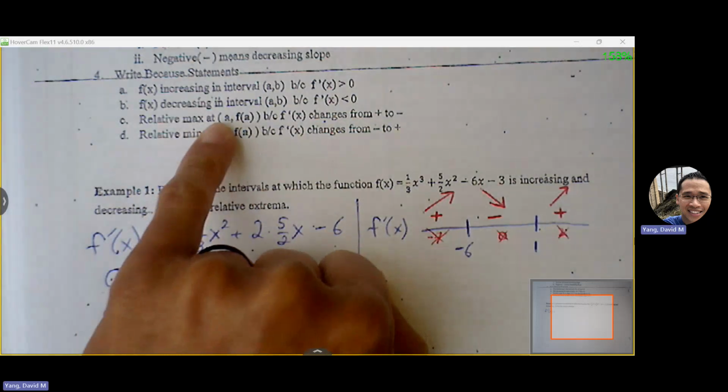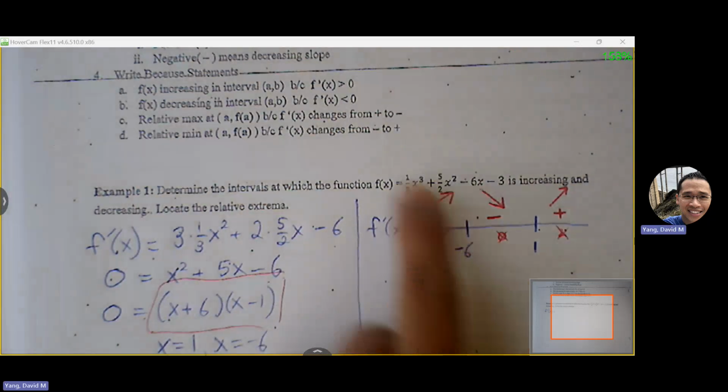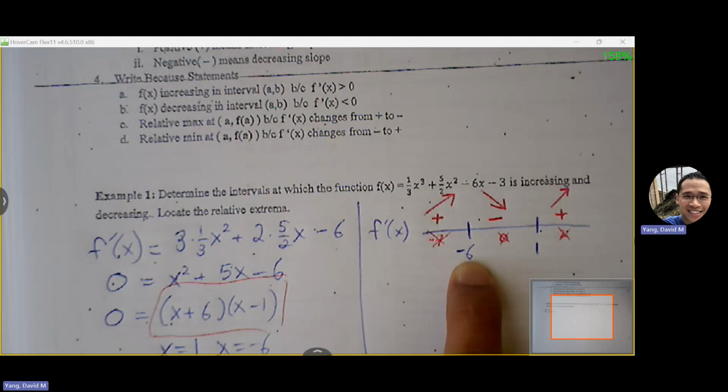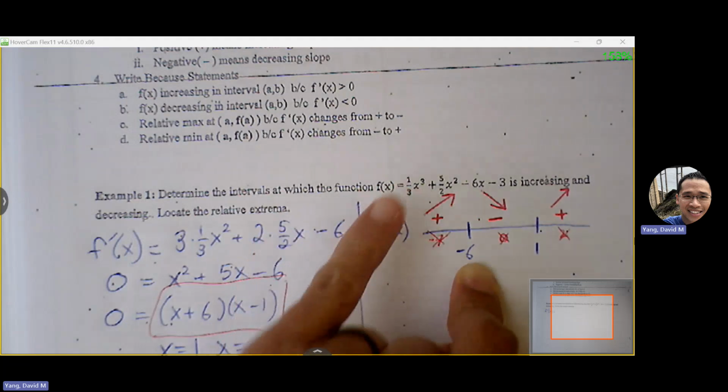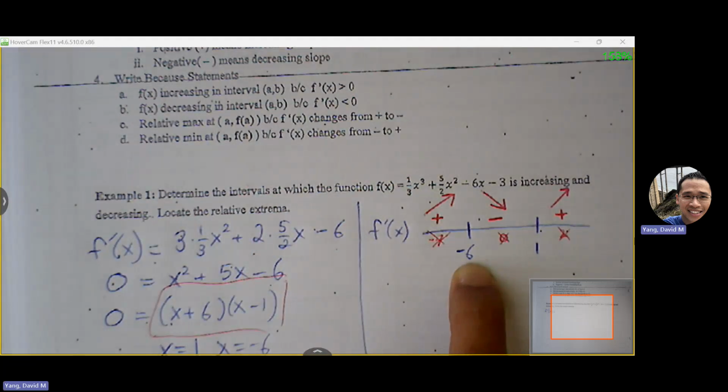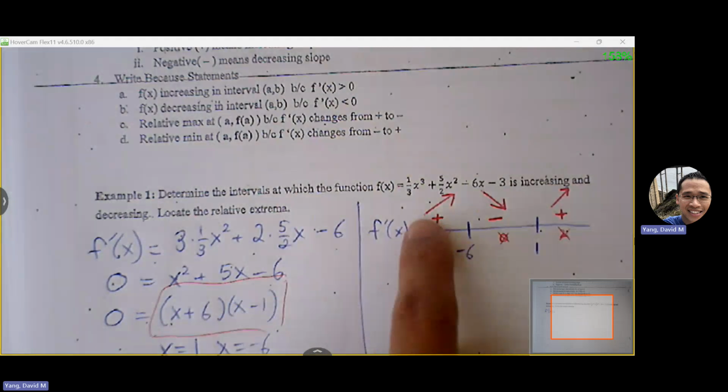Relative max at -6. If I wanted to find the full ordered pair for this relative maximum, where would I plug that -6 into? How would you find the y value at this point? The f prime or the f of x? F of x, yeah, f of x is location. So plug -6 back into the original if you want to find the ordered pair.